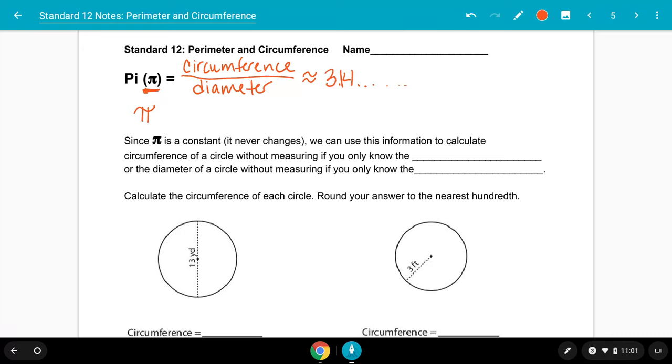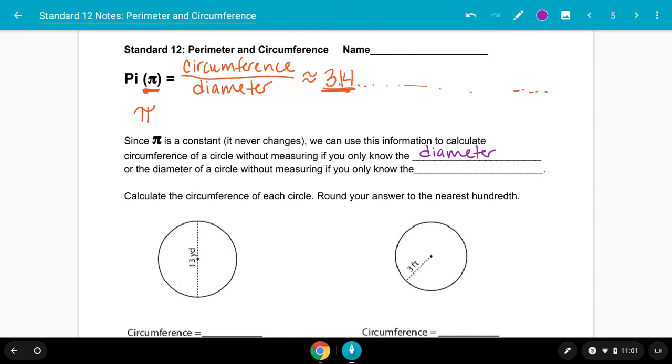These decimals go on forever, but for our use, we are going to round it to 3.14. This ended up being really useful. Since pi is a constant, it never changes, we can use this information to calculate the circumference of a circle without measuring, if you only know the diameter of the circle.